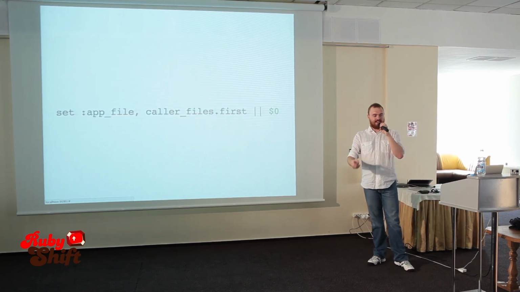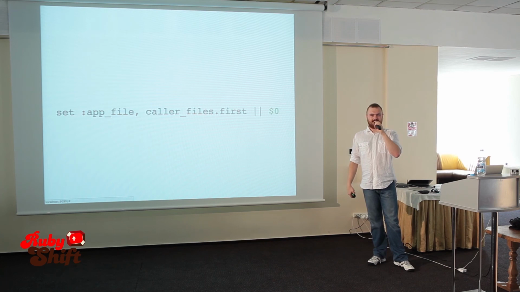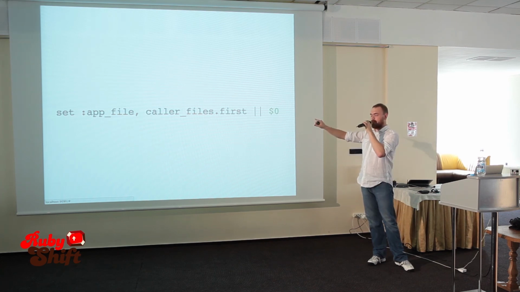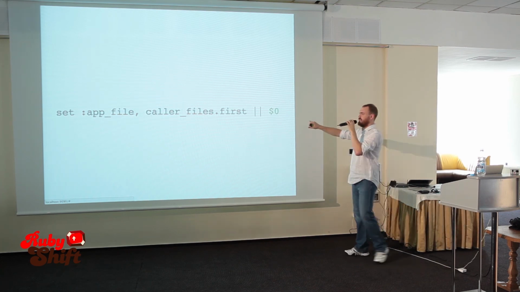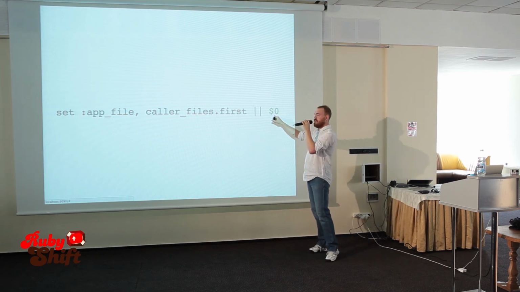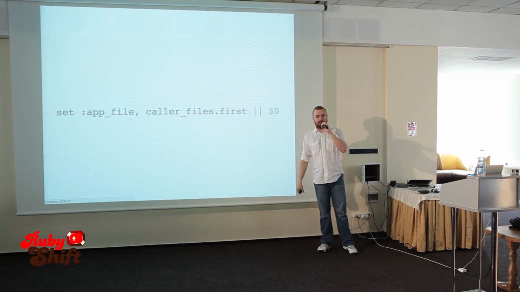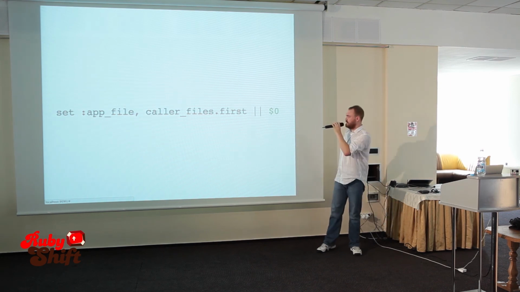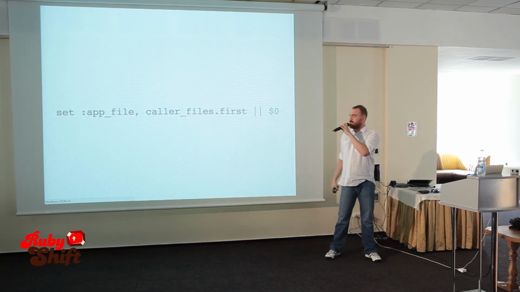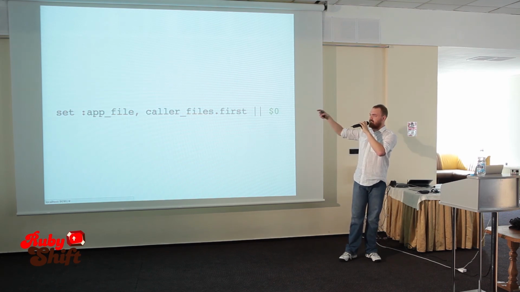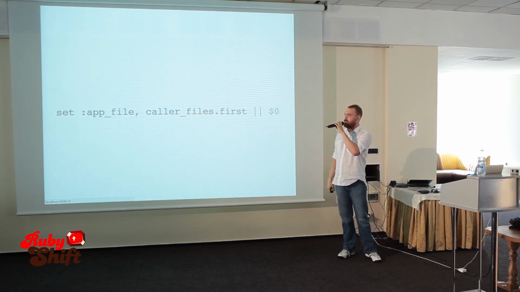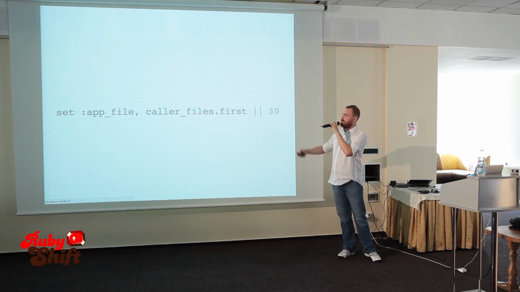So this caller_files.first gives us simply the file name. And that's almost the same thing which gives us $0. Who knows $0? Oh, even better. That will give us the script name passed to Ruby, which is the file name by default.